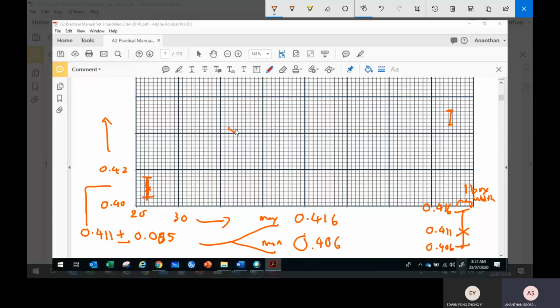So every coordinate you're going to have an error bar. All data you're going to have error bar like this. The horizontal line I drew very long, but actually it's one small box only, the one shown on the right.